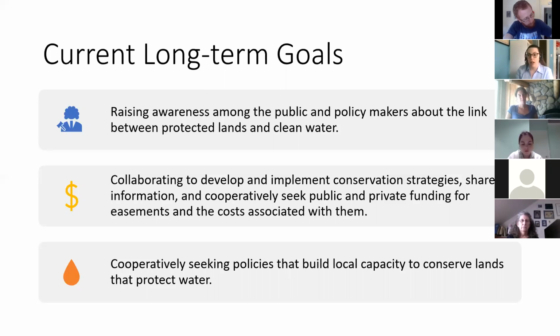They can be added to, revised, but these are the current long-term goals, and they are spread across all of the work that's currently going on. So they're not work group specific necessarily, although there are certain work groups that would lean more towards addressing one goal over the other, but they are for the collaborative at large.